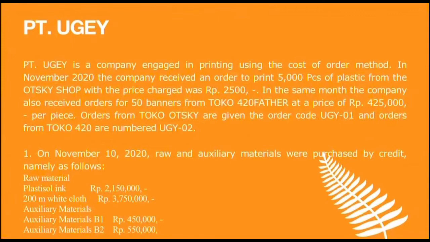In the same month, the company also received an order for 50 banners from Toko for 20 fodder at the price of 450,000 rupiah per piece. The order from Oski is given the order code UGY number 1, and the order from Toko 420 is numbered UGY 02.